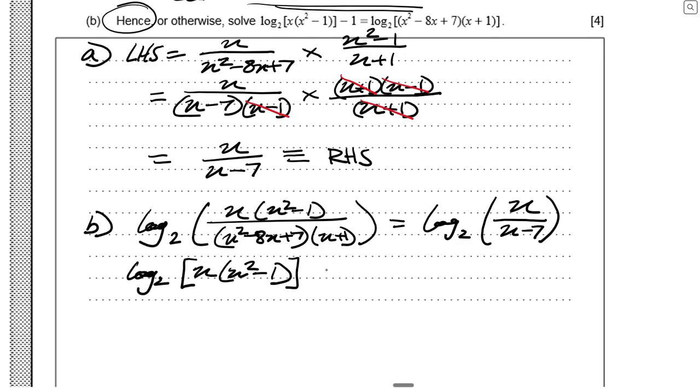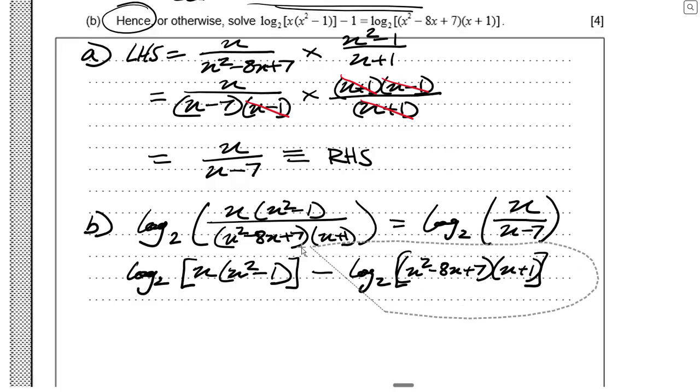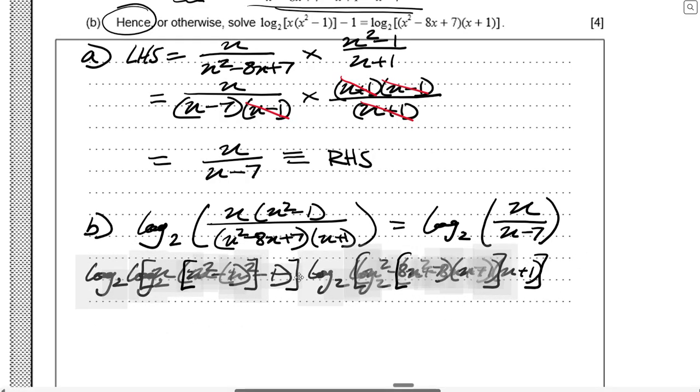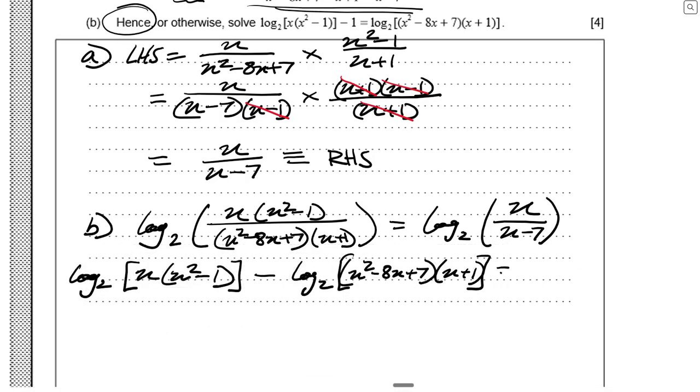And then minus log base 2 of (x squared minus 8x plus 7)(x plus 1), and that is exactly what we see here. And then let's bring this here. We have this. So log 2 of x minus 7.